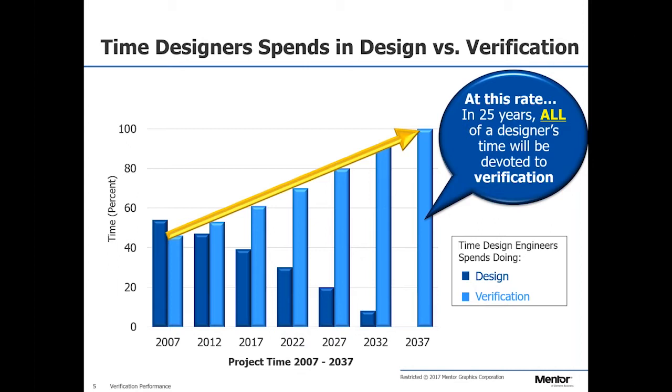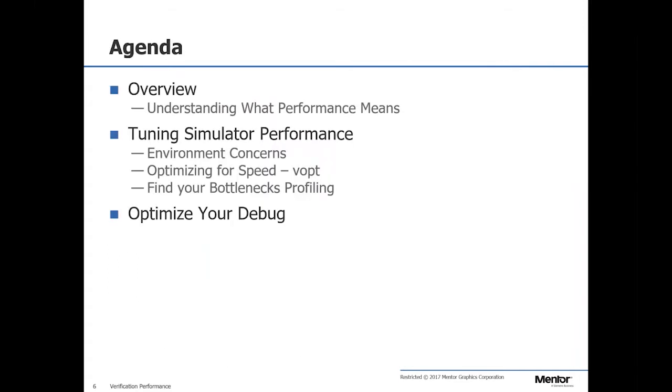We keep innovating on the design side of things with higher level languages, so doing C-based design, all these things, and the verification step continues to be just the thing that takes the most amount of time. So basically, people always say, hey, if I had a faster simulator, I could X, Y, Z.